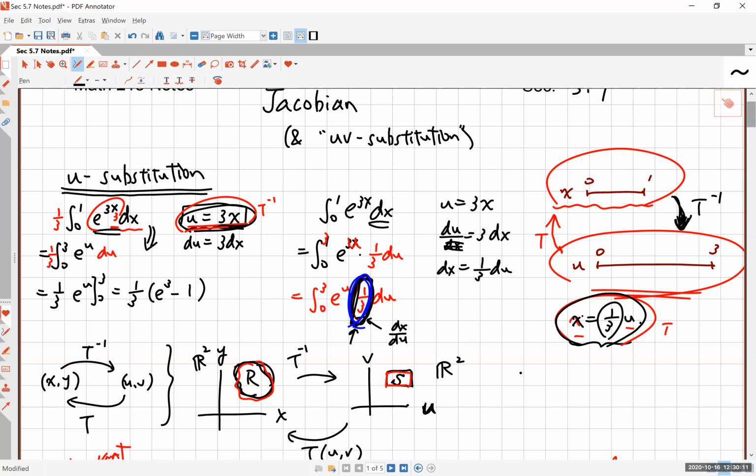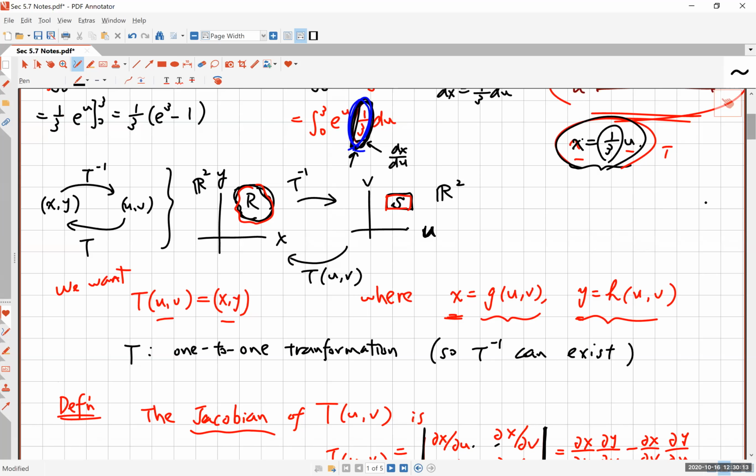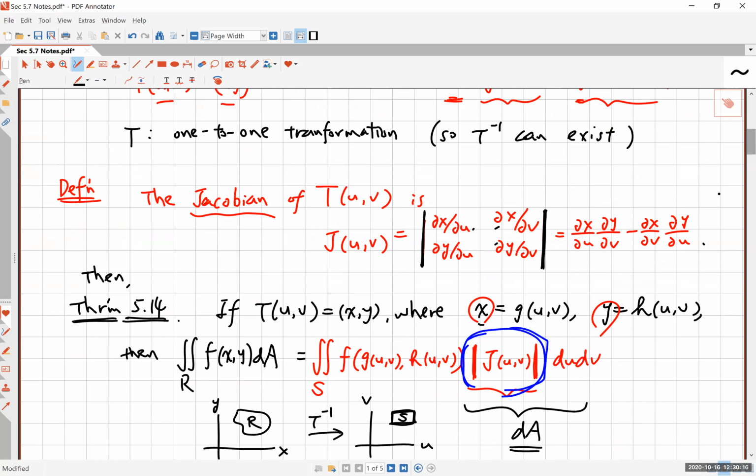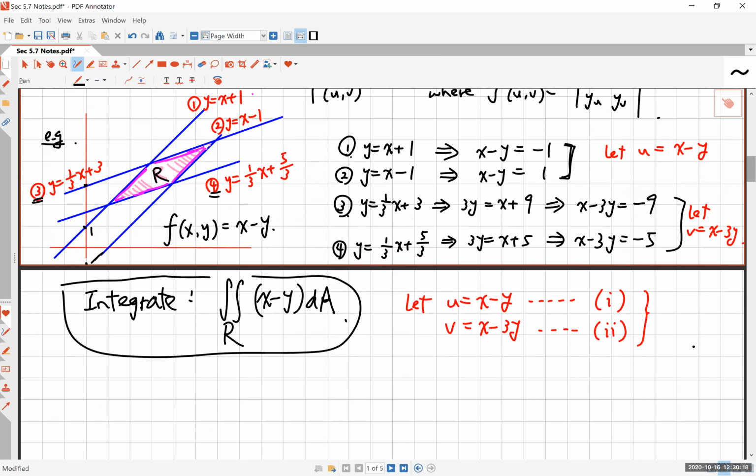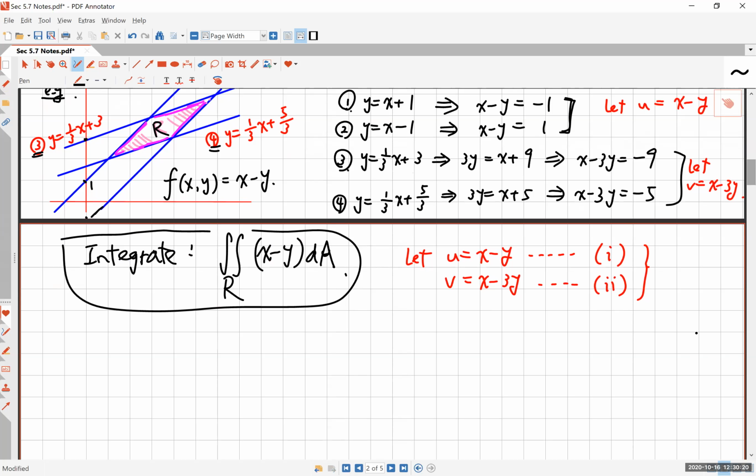So this is what I need to do to find that transformation T, right? So I have defined what u and v are, but in order to calculate this integral, I need the Jacobian, which means I need the expression of x and y in terms of u and v. So how do you write x and y in terms of u and v?